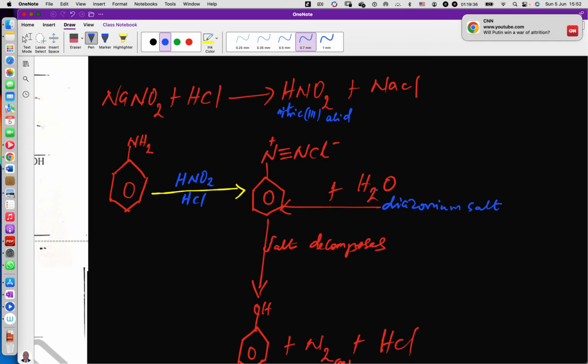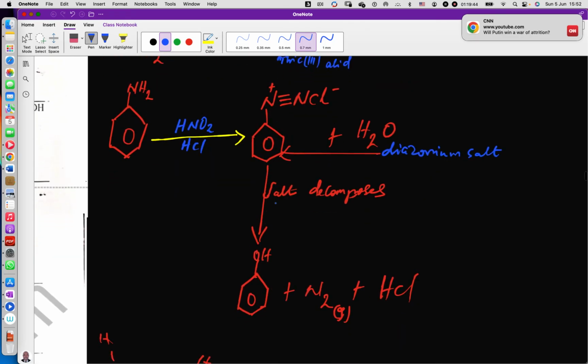Because the salt is very unstable, it will decompose on warming with water, giving off nitrogen and HCl, and a phenol is formed.